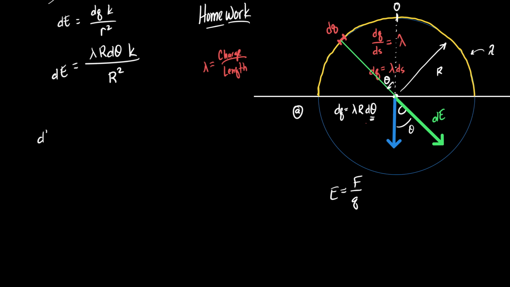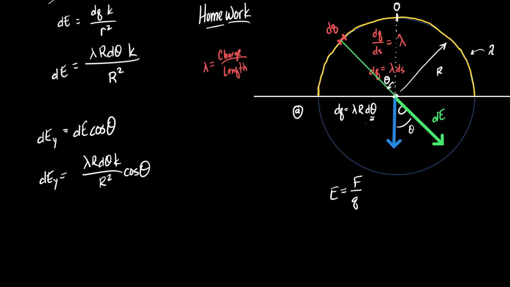I probably want dE in the y direction. Which one should I use, cosine or sine here? Cosine, yeah. If this is where theta is, I want this component, that's the adjacent component, okay? So cosine theta, which will be dE in the y direction equals lambda r d theta k over r squared cosine theta.